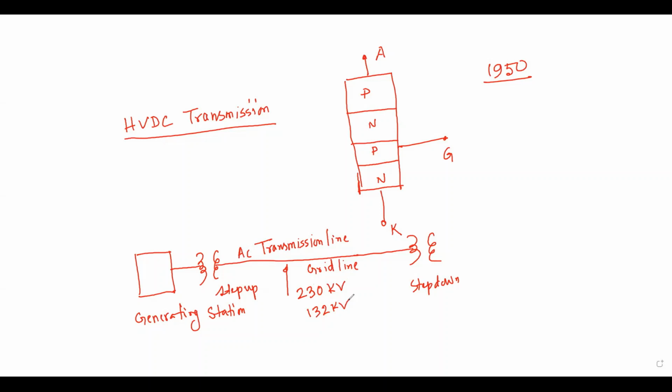For power loss. Why is the power loss there? Suppose the generator is producing 6.6 kV. If we want to transmit this 6.6 kV, then what is the problem? It will have more power loss. Why?